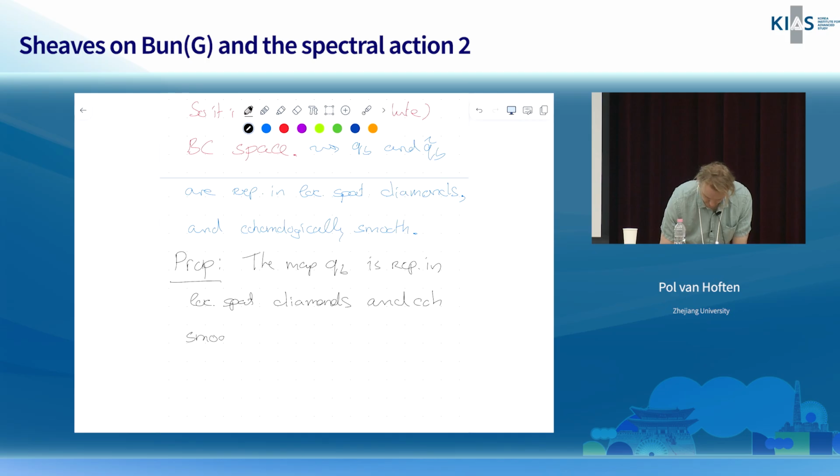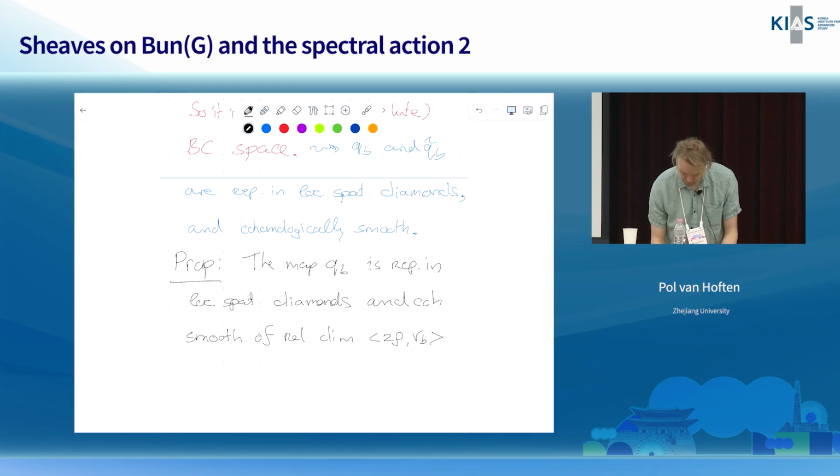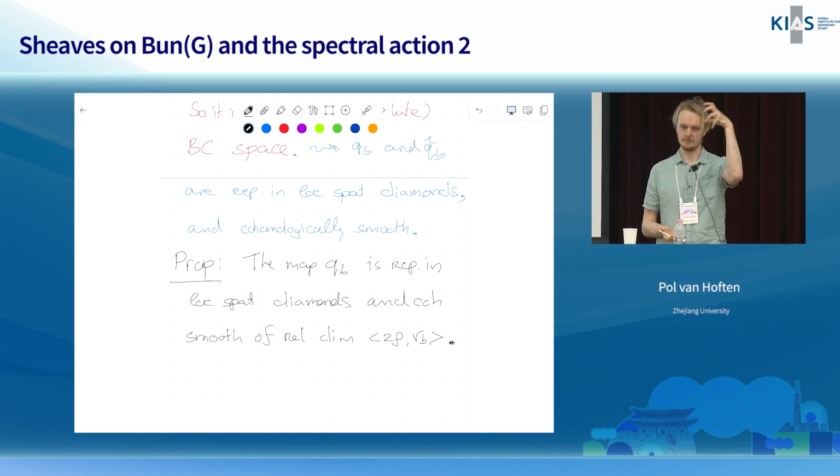Okay, and I can even tell you what the relative dimension is. Well, it's this number that you see all the time, the pairing of 2 rho with nu_b. So nu_b is the Newton cocharacter for b, and 2 rho is the sum of the positive roots. So this is also the dimension of a Igusa variety, I guess, yeah.